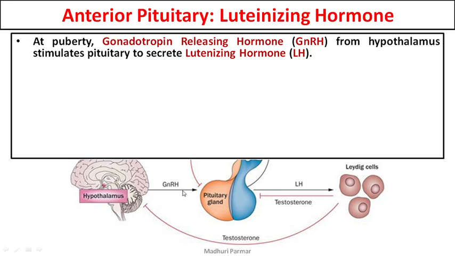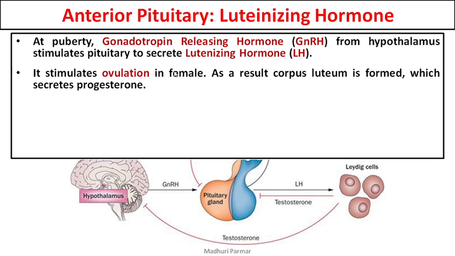Hypothalamus, GnRH, goes to pituitary, causes release of your luteinizing hormone or LH. Now this LH stimulates ovulation in females. So the development of Graafian follicle is because of FSH. Ovulation is because of LH.